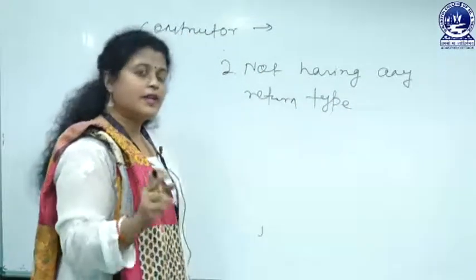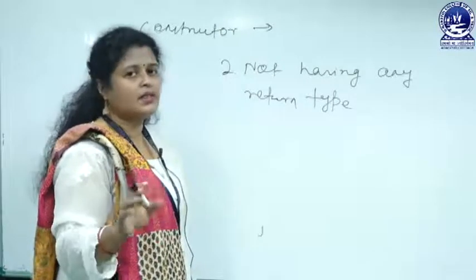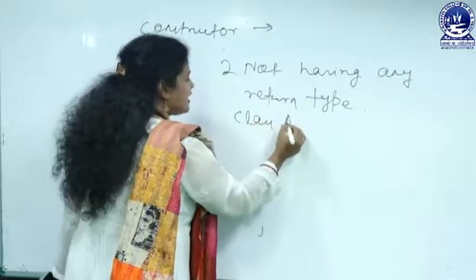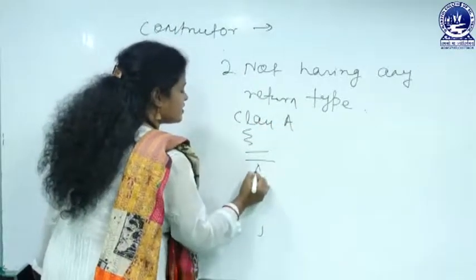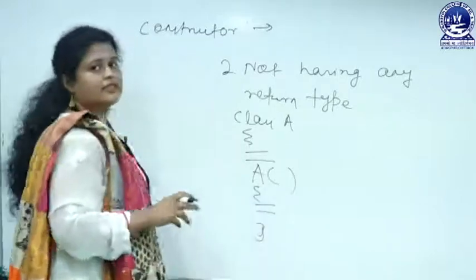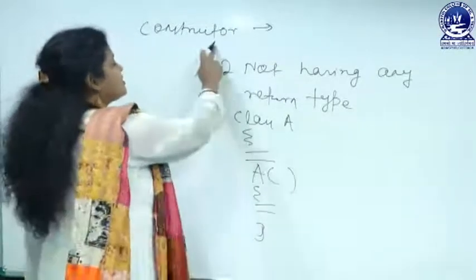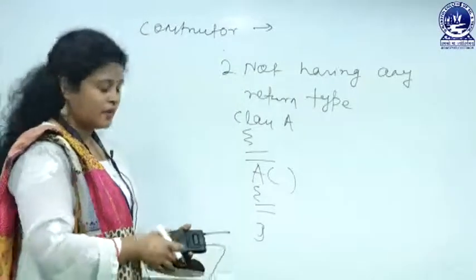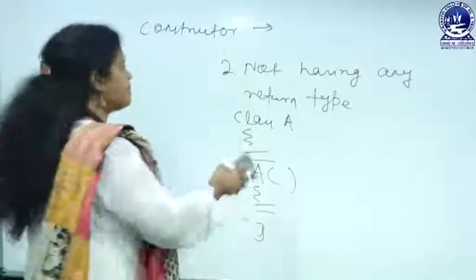But whenever you are using constructor, there is no return type. For example, suppose the name of the class is A and you are using constructor, then it is not having any return type. This is the second rule. Of course it is a function, but it is not having any return type.